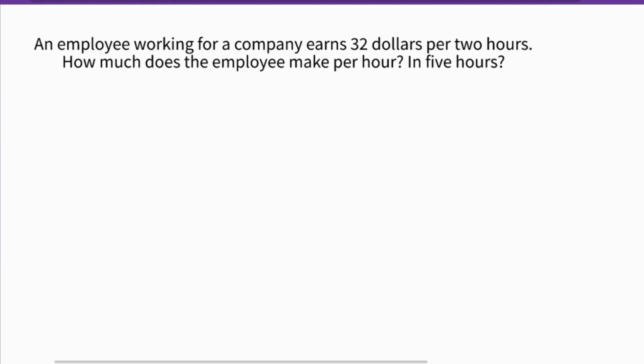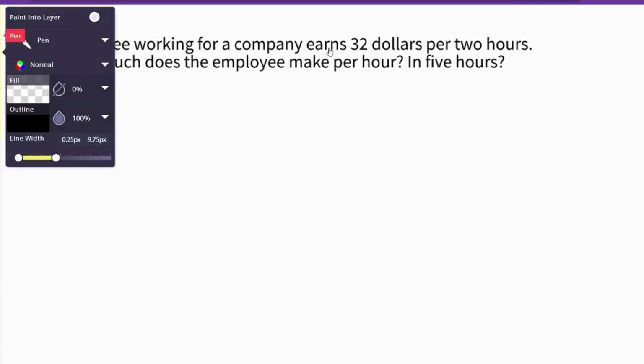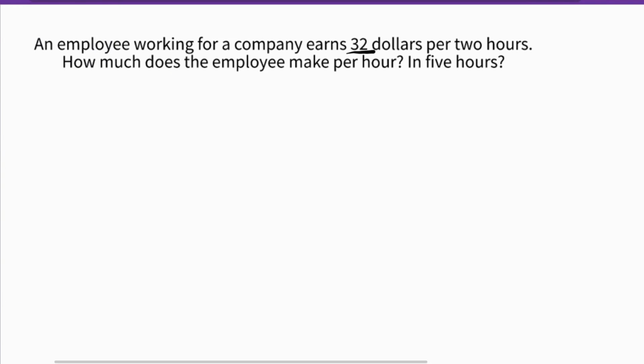Let's take a look at this problem. We know that the keywords here are $32 per 2 hours. We want to find out how much money the employee makes per hour and in 5 hours.